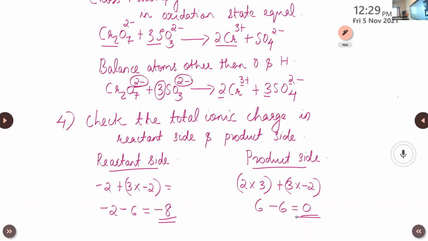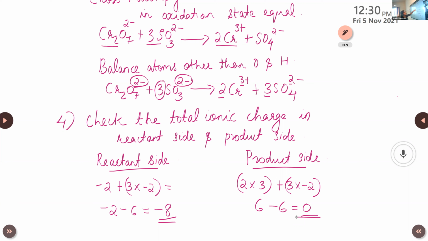Any doubt, children? We have to check the total ionic charge in reactant side and product side. Here the charge is -2 in the reactant side, but we also have to consider the 3, because 3SO3 2 minus, so 3 into -2.